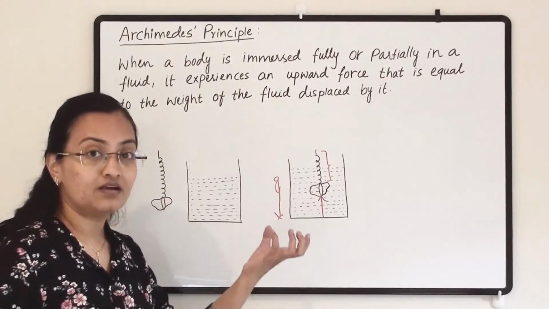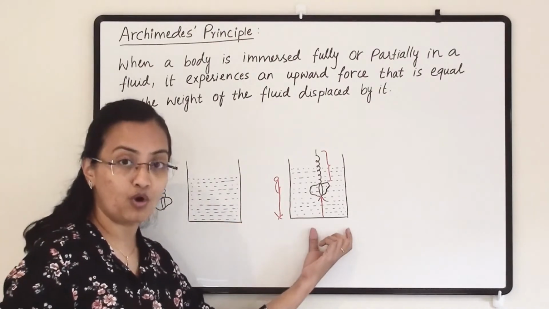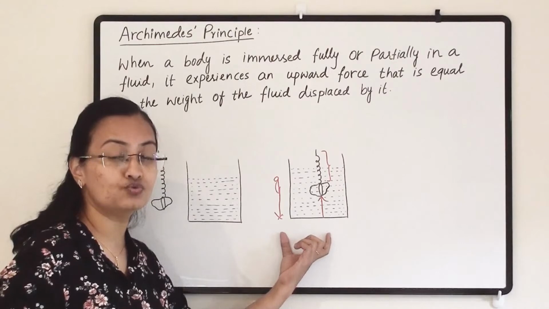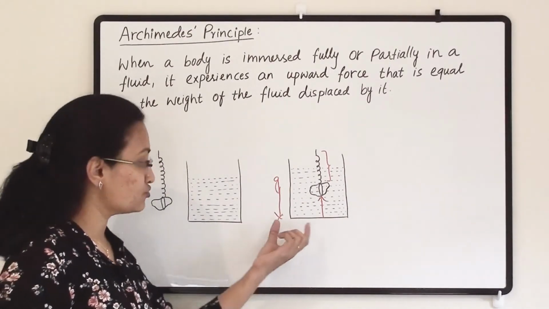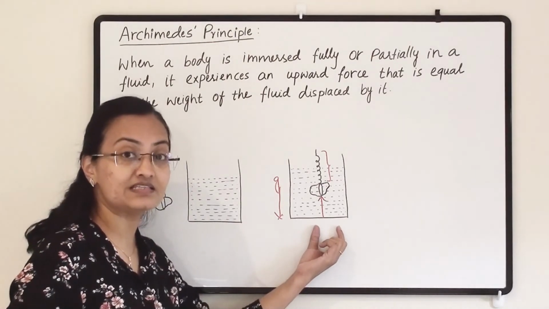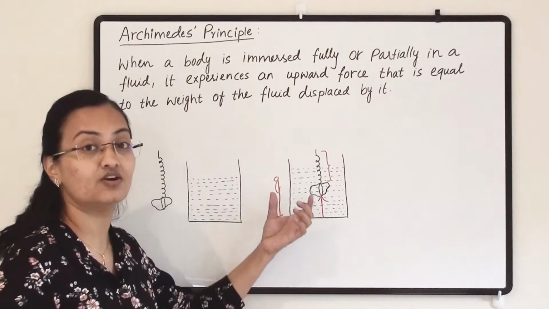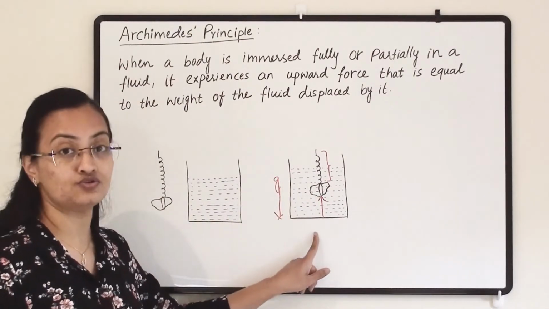The difference of these two, the gravitational force and the buoyant force, will tell us how much lighter this object will become when we are immersing it into the water.